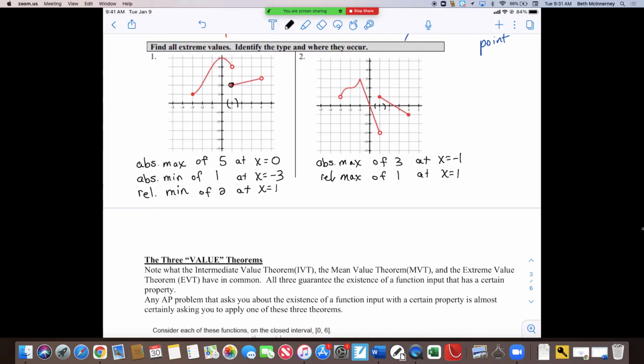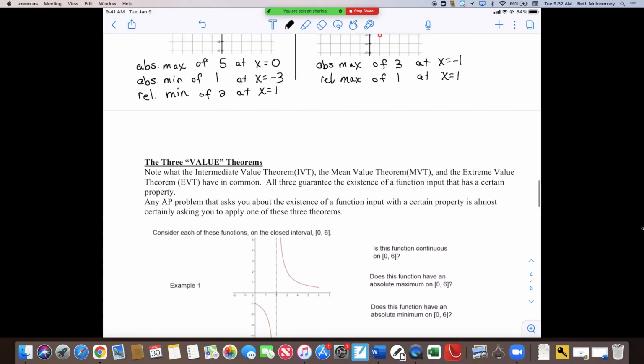Relative extrema you have to be able to look left and right in the neighborhood. Absolute is the highest or the lowest anywhere on the graph, and it doesn't matter the neighborhood. So if I close this one, it can't be a relative because it's the end of my interval.